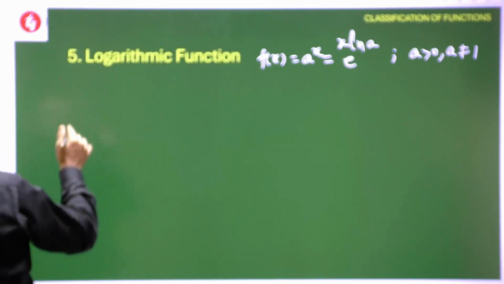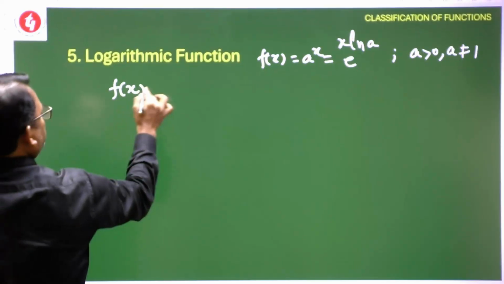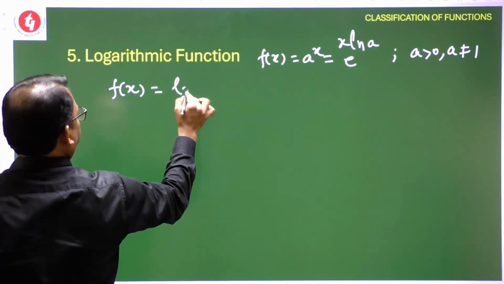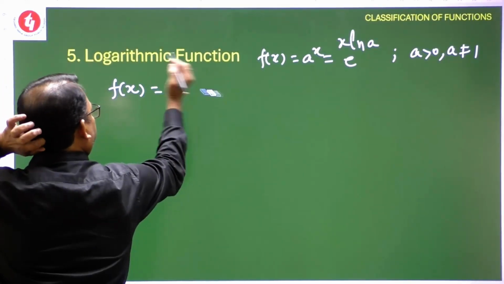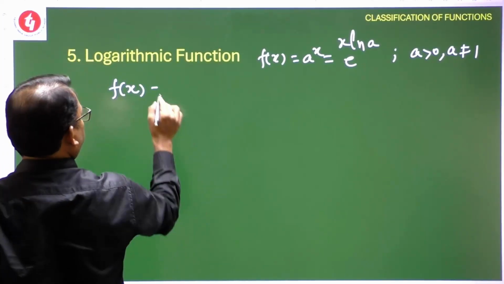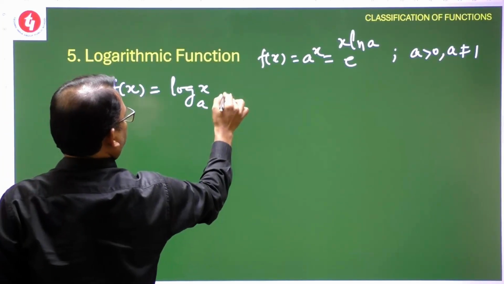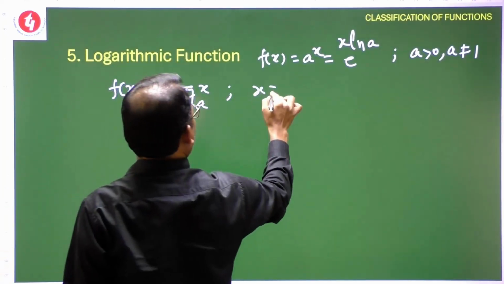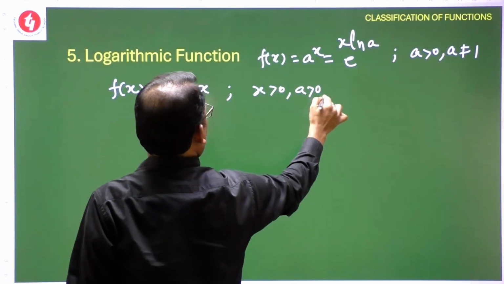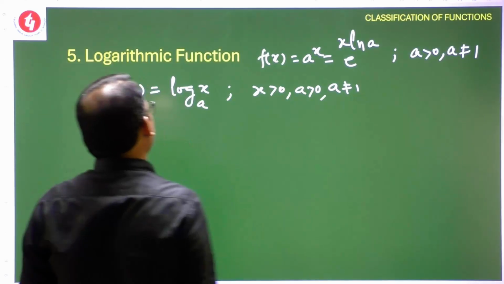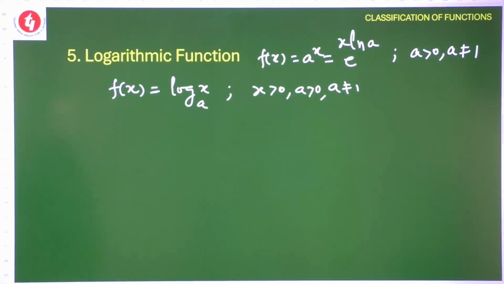If I have a function f(x) equal to, suppose, ln x, or you can say log of x base e, it is defined when x is positive. The base a is positive, but a cannot be 1. So in this range we can define the logarithmic function.